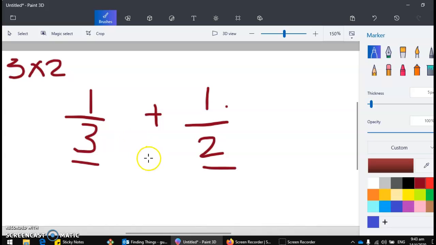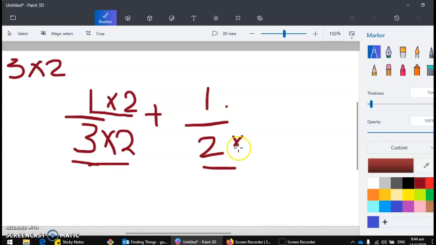Okay, so let's start. The denominator 3 times 2 below here. So you marry this fraction times 2, and times 2 on top. Whatever you do to the denominator, you have to do the same to the numerator. So 3 times 2, 1 times 2. On the other side, 2 shall marry 3 to make the denominator the same. 2 times 3.